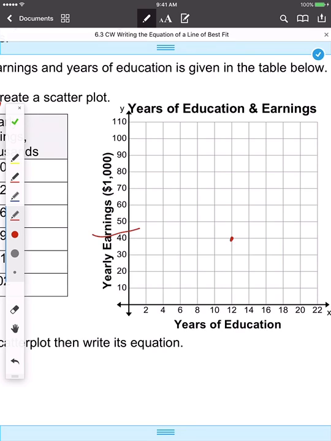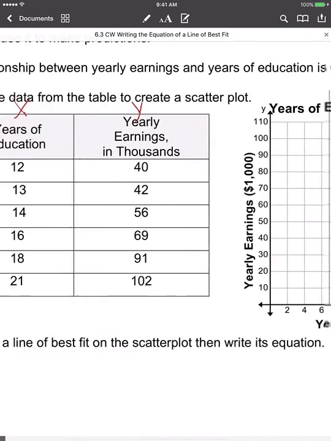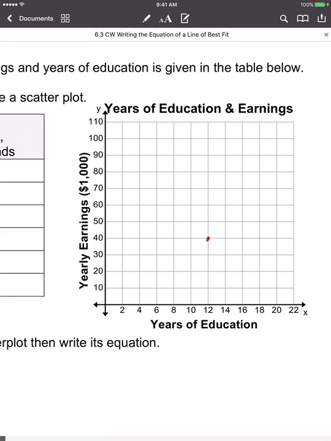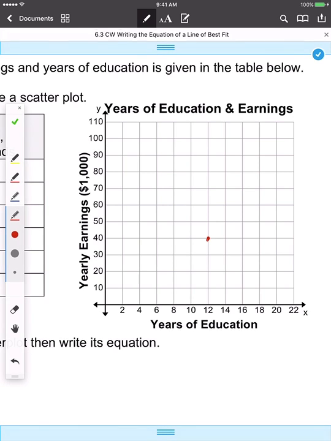Next point is going to be 13, 42. Right, our next point is going to be 14, 56.